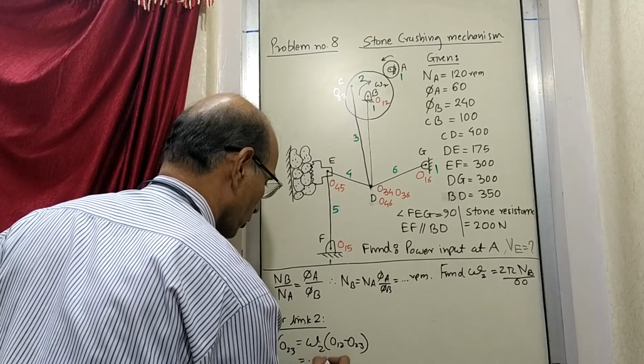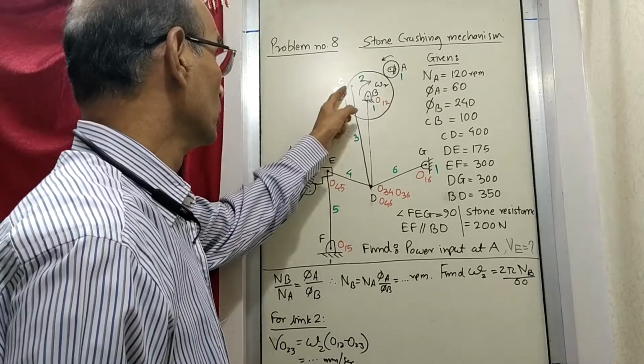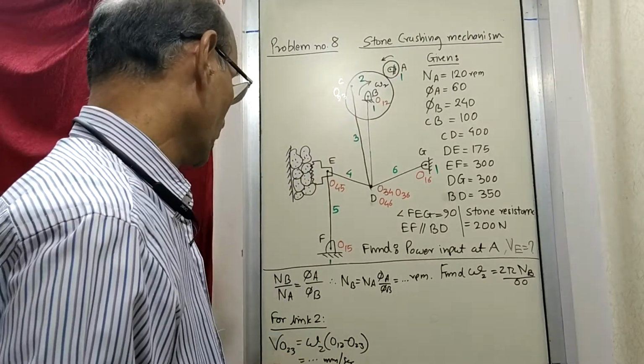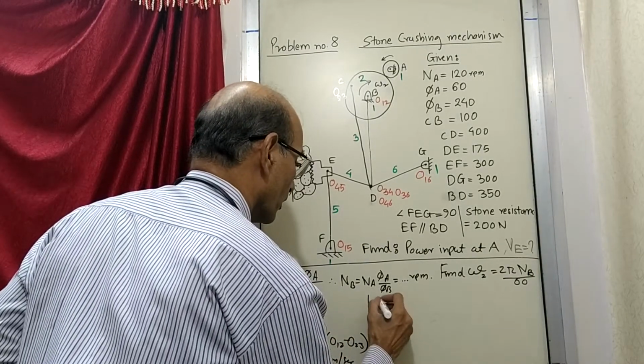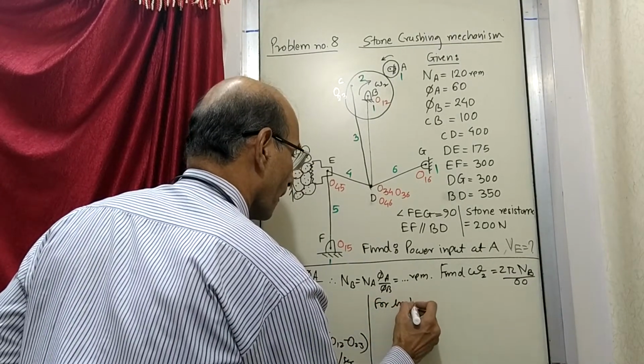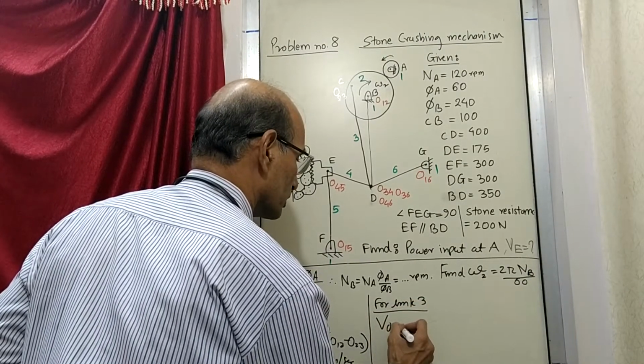So this you can find out. This is velocity of O23. Now we have already done this earlier. Let's go to now link number 3. Velocity of O23 is also on link number 3.